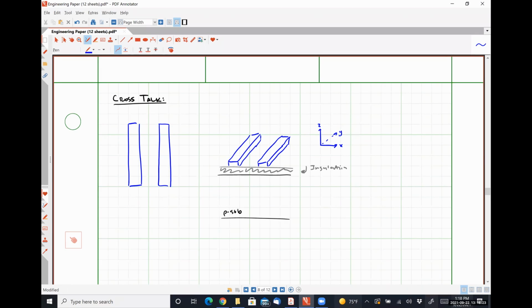What do these two chunks of metal form? A capacitor. Always a capacitor, okay? If we have two conductors near each other, they're going to form some sort of capacitance.